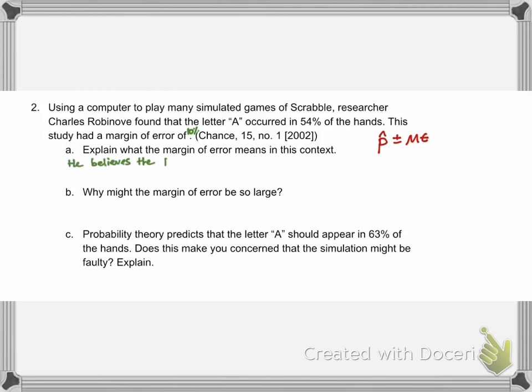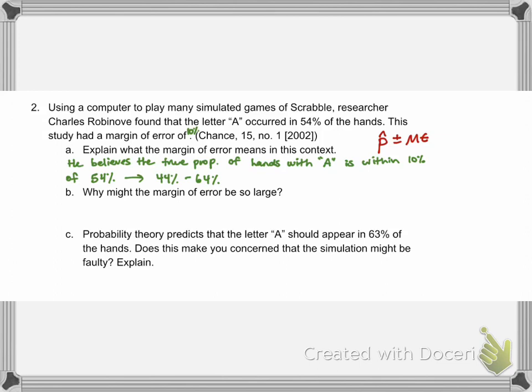So in the context of this problem, it means he believes that the true proportion of Scrabble hands that have A in them is within 10% of his 54% that he found, either direction. And so that builds an interval. When you subtract that 10%, it goes to 44%, and when you add it, it goes to 64%. That's a pretty large margin of error going either way.